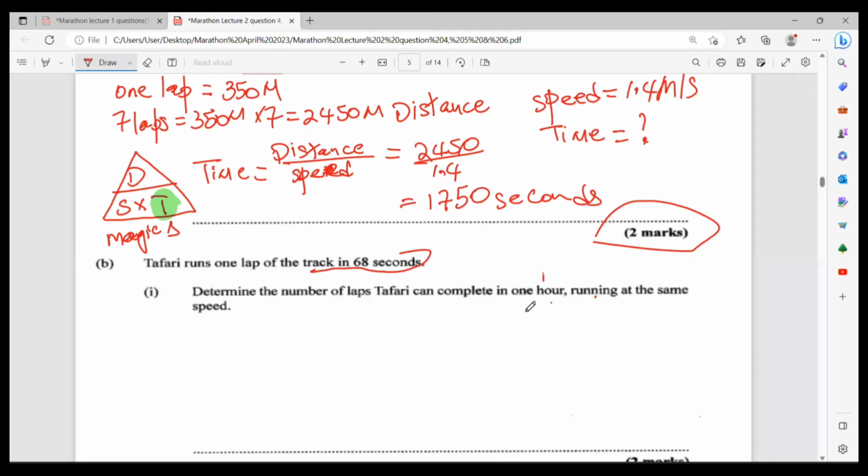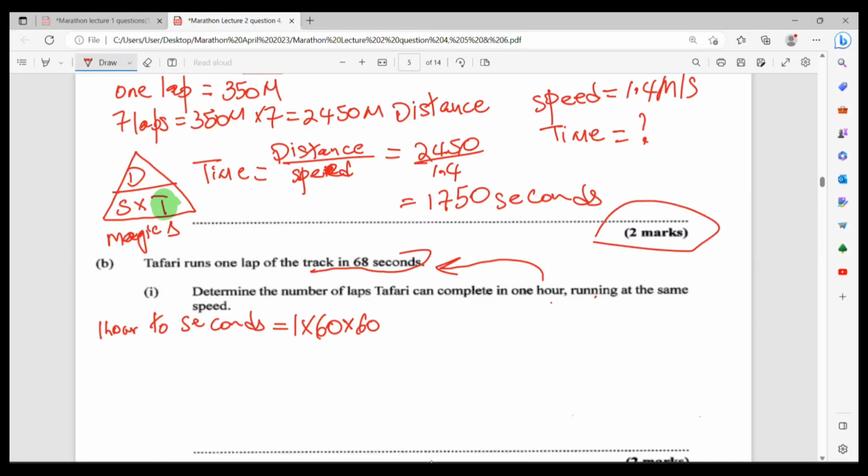So we're going to have to link hours to seconds. If you don't realize that you need to convert that hour to seconds, you're in trouble. First, we want to convert 1 hour to seconds. So 1 hour times 60 gives you 60 minutes, and then multiply it by 60 and you turn it into seconds.